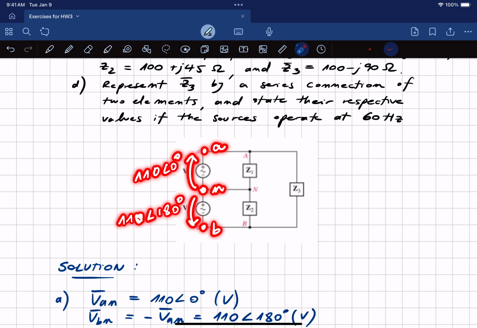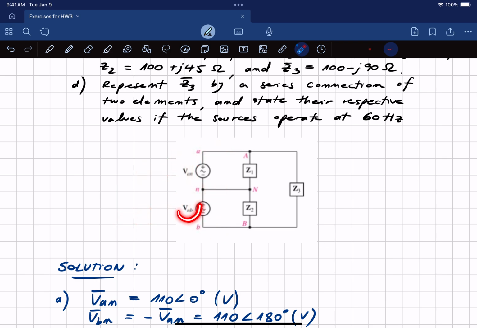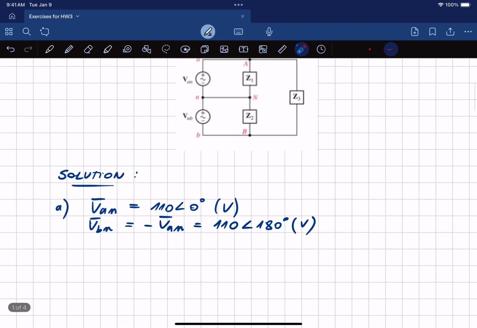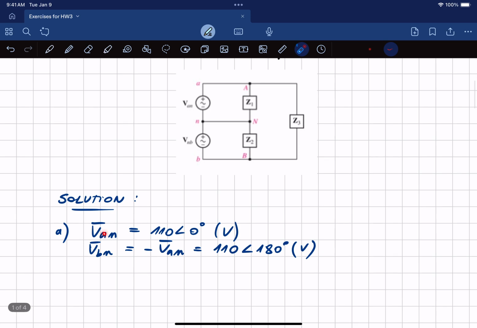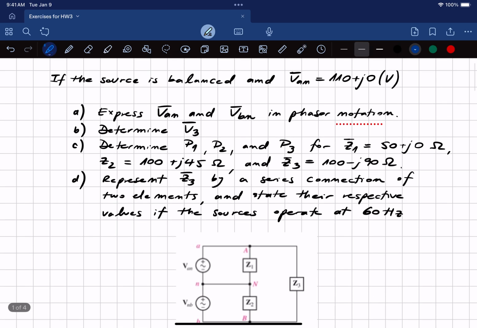Okay, that's the meaning of this. Of course, here it's referring to VBN and VNB, and these two are going to be the same, right? Exactly what happens on problem 12 from your homework. Okay, so be consistent with this notation. AN, meaning A is the positive, N is the negative. BN, because B is the positive, N is the negative, for references. Okay, easy.